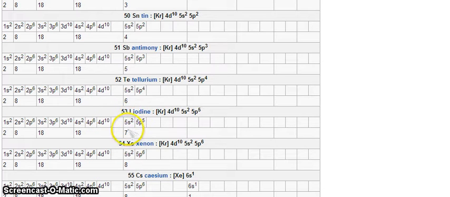Sorry for that, I didn't see this. You have 5s2, 5p5. This is still part of the configuration for iodine. That is a total of 53 here, and again, that is for the neutral. However, we had the negatively charged iodine, so we need to add one more, so that becomes 5p6.